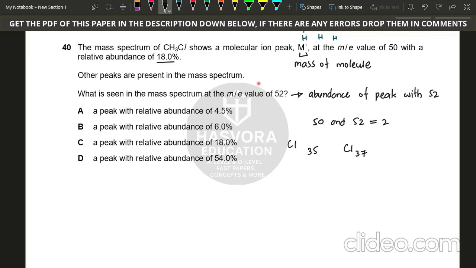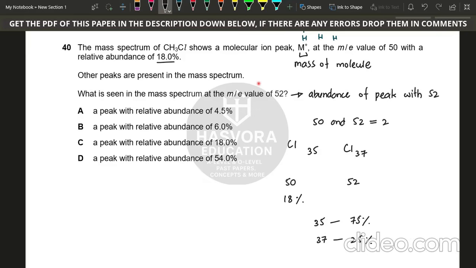So for example, if the one with the 50 was 18% abundant, you should know that it is the 35, because for 37 we will have an increase by 2, and you should know that the abundance of 35 is 75%, and for the 37 we have an abundance of 25%.